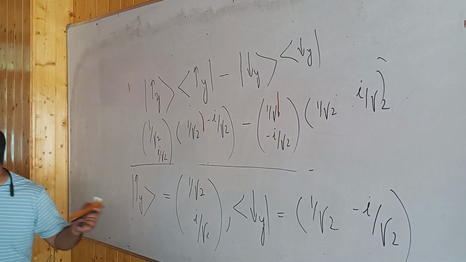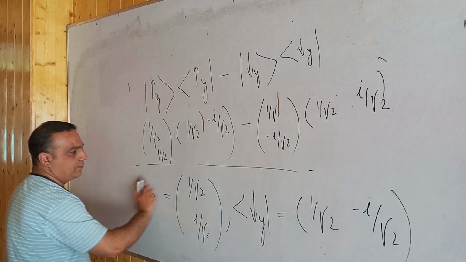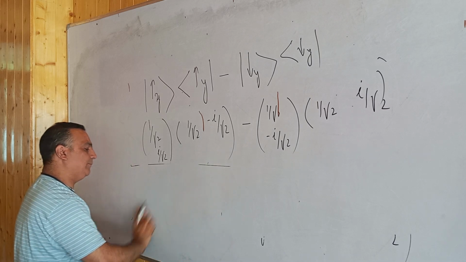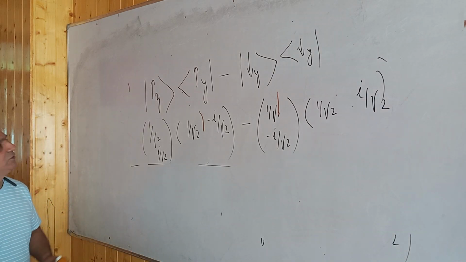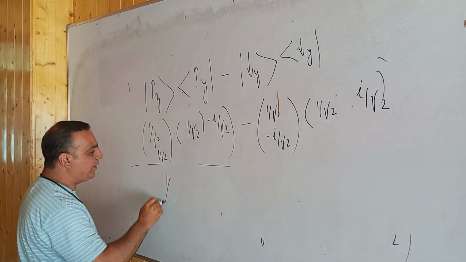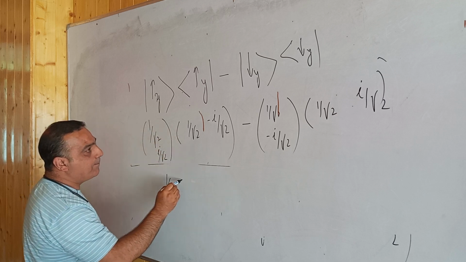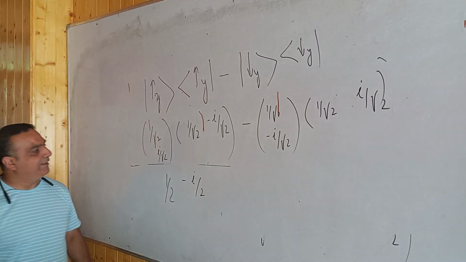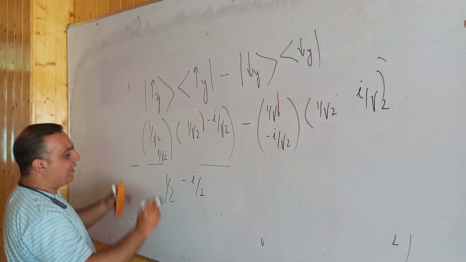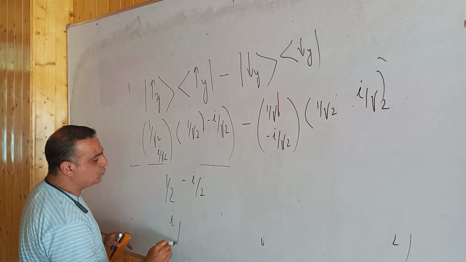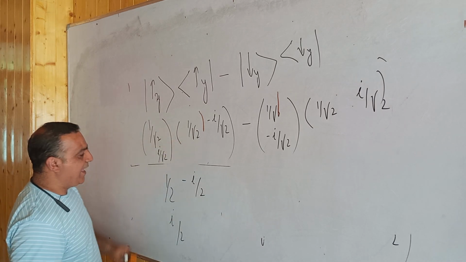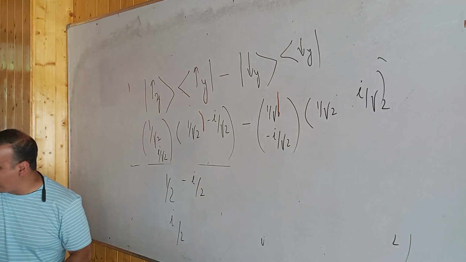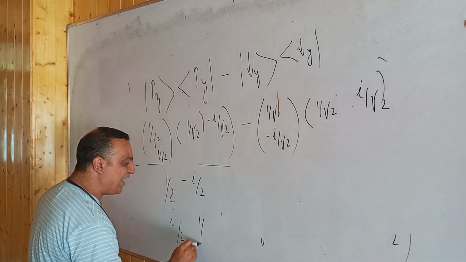Clear? Now let's solve it. So what you'll get is 1 by 2 here, then you'll get minus I by 2, am I right? Then you'll get I by 2 for this, and iota square will give us minus 1, that will be multiplied by minus, that will become plus, so here I'll have 1 by 2.